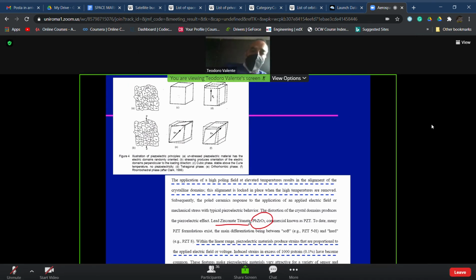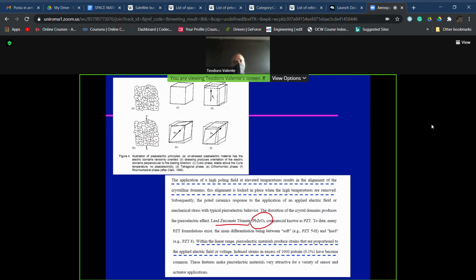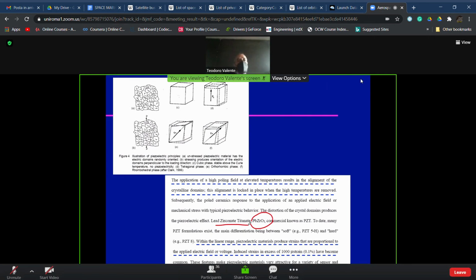Having said that, if we come a little bit back to the class of ceramic piezo, let me say that this piezo effect, without being too complicated in this discussion, is related to the fact that these materials can be conditioned in dipole orientation inside the grains, so they are polycrystalline.